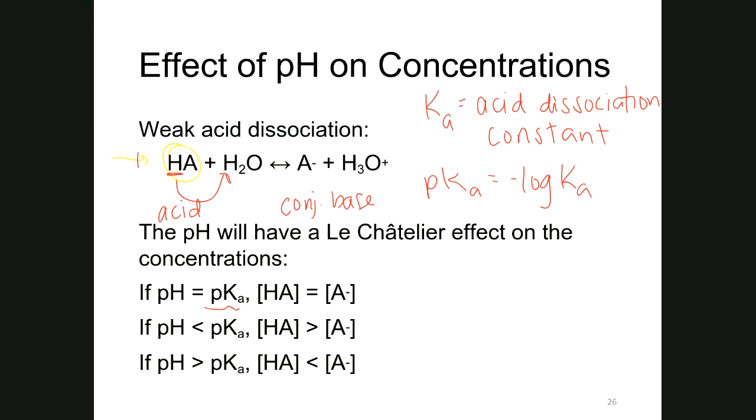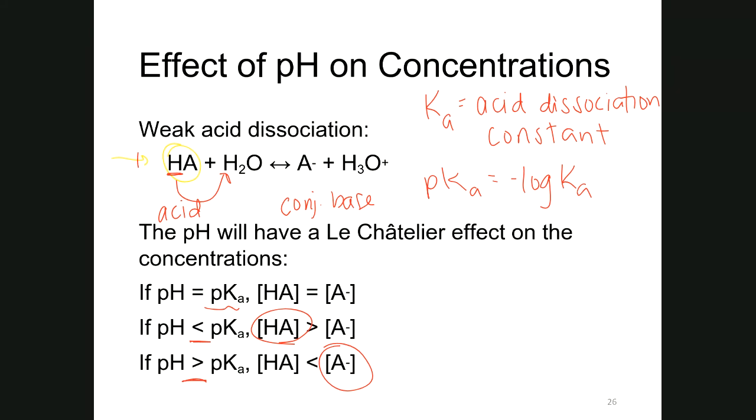If pH is less than our pKa, that means we have a higher amount of acid. Remember, the lower pH means more acidic, so it makes sense that we would have more acid. If our pH is greater than our pKa, remember, high pH means more basic, so it makes sense that we would have more of our conjugate base here. Again, the whole purpose is that we can compare the pH of the solution to the pKa of the acid to determine which species, the acid or the conjugate base, is dominant in the given reaction.